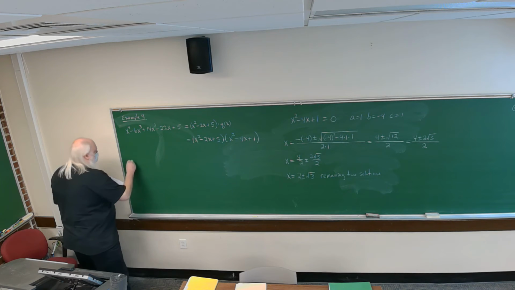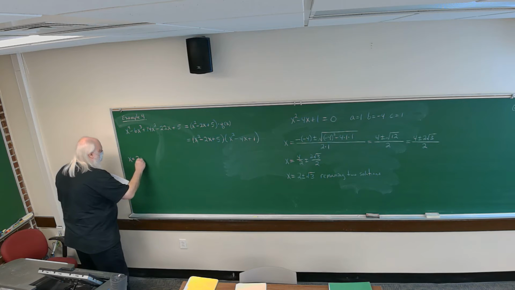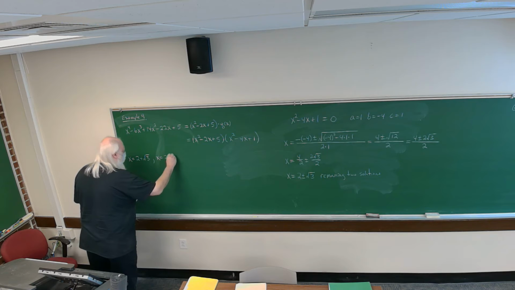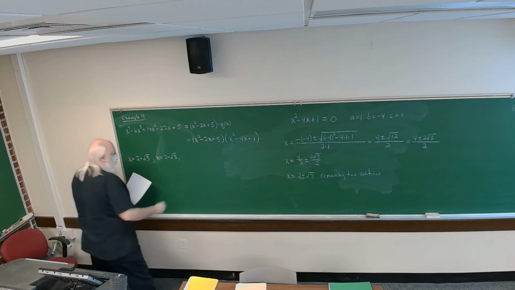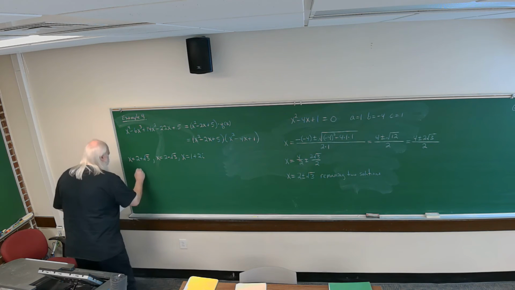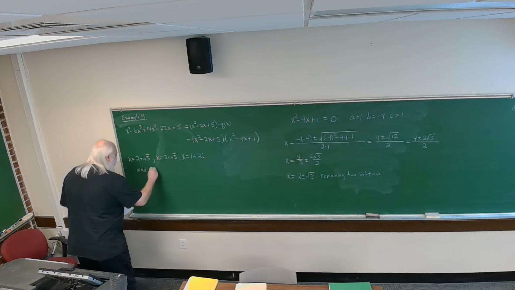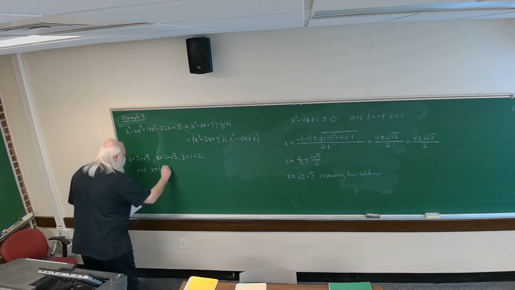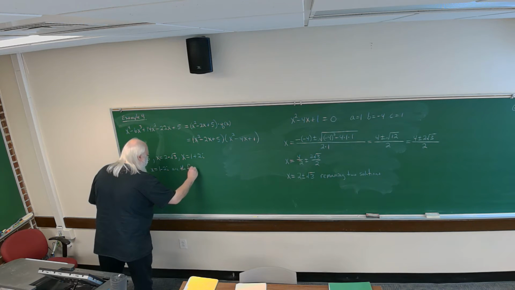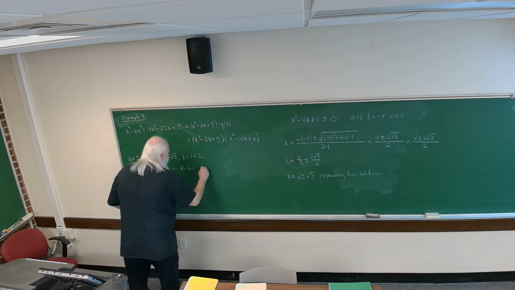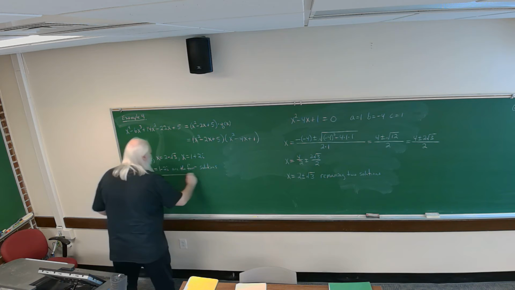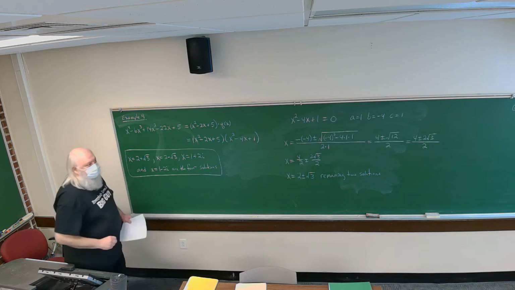So if we write them all out, we have x equals 2 plus the square root of 3, x equals 2 minus the square root of 3, x equals 1 plus 2i, and x equals 1 minus 2i are the four solutions to our equation.